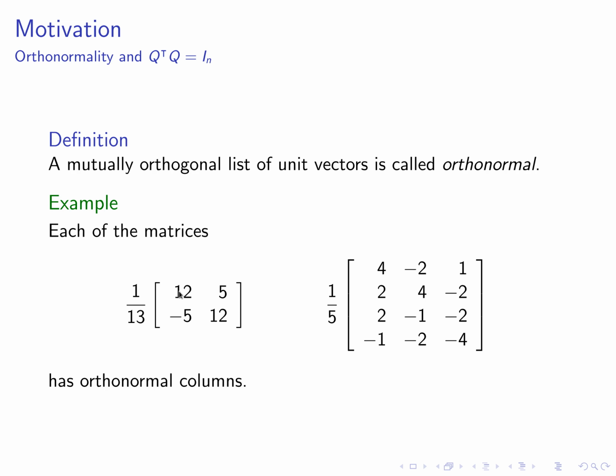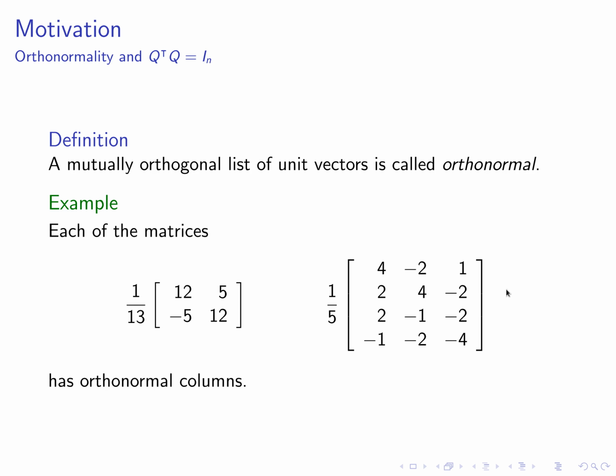So we would do this by taking 12 squared, adding it to -5 squared, and checking that that result is equal to 13 squared. Then we would add 5 squared to 12 squared, and check that that result is equal to 13 squared. We would also check that these two columns are orthogonal to each other by taking the dot product of (12, -5) with (5, 12) and verifying that we get 0.